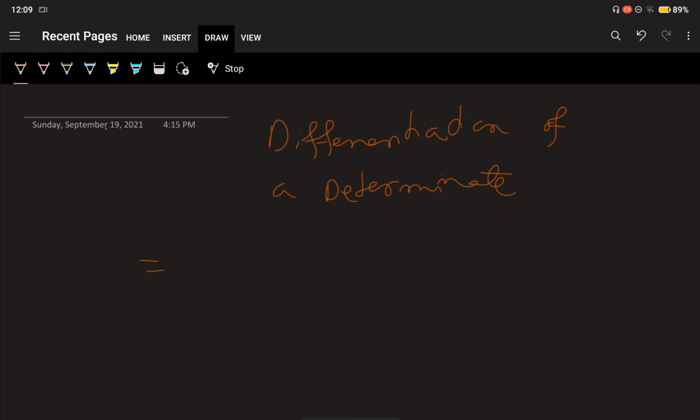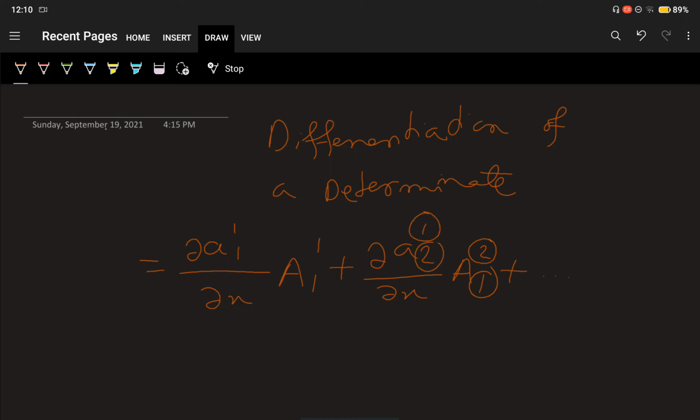Now with the dummy indices: del a11 divided by del x times A11, plus del a12 divided by del x times A21, and so on. This is contracted, plus del a1n divided by del x times An1. So that can be written as del a1i divided by del x times Ai1.